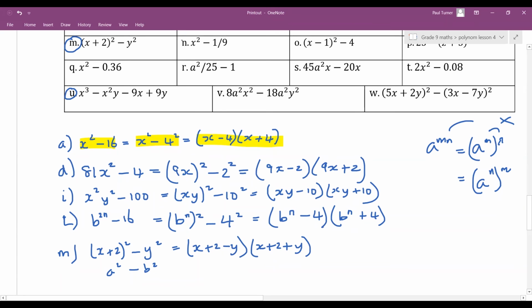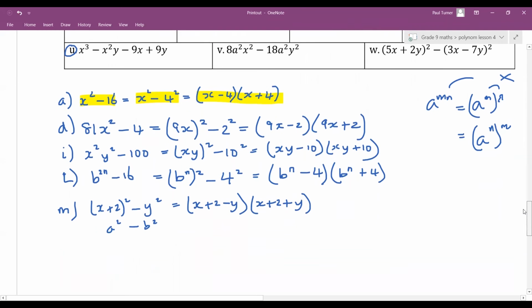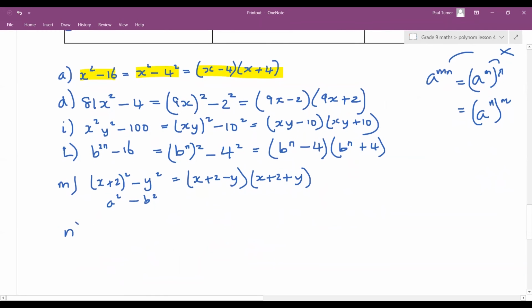When you have a fraction, like x squared minus 1/9, so let's go down. For fractions, we can still change them to a power of 2, because 1 on 9 is the same as 1 squared on 3 squared, which is 1 on 3, squared.